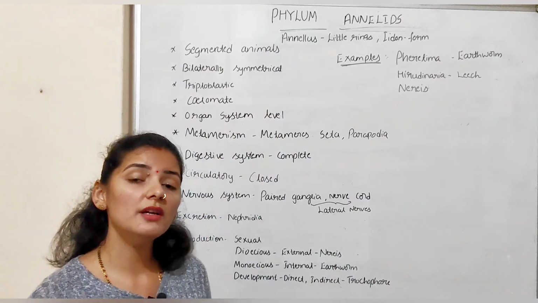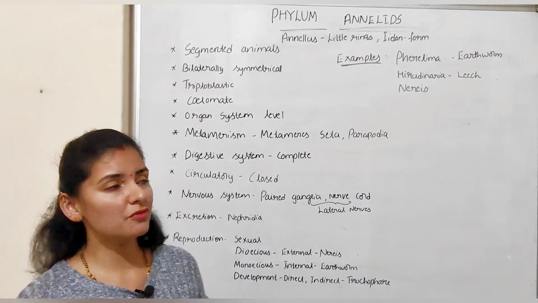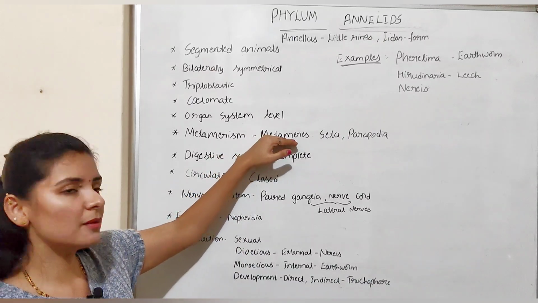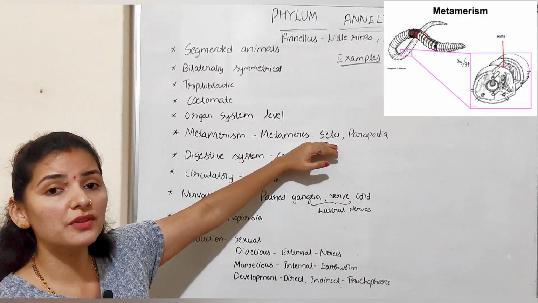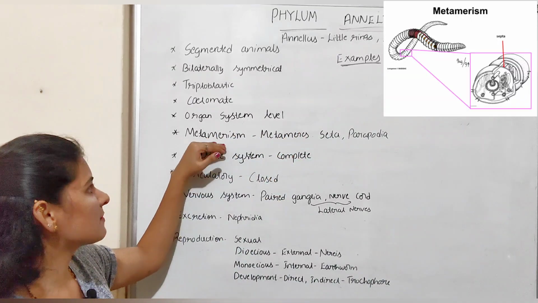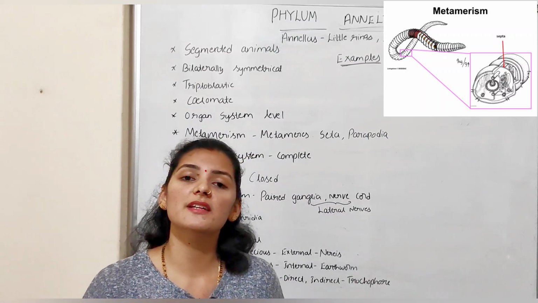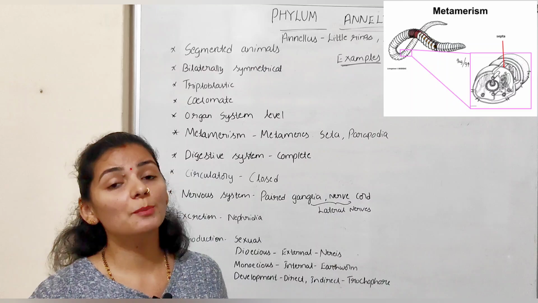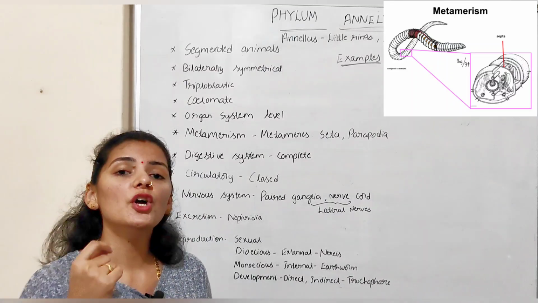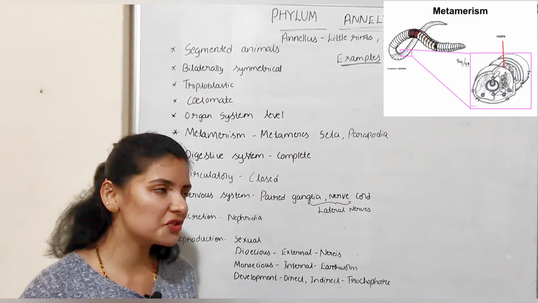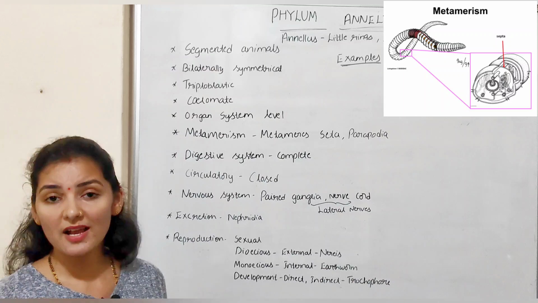As I already told, the important or unique character of Annelida is the presence of metameres or segments. Because of that, they have a character called metamerism or segmentation, because the body of this organism consists of numerous small ring-like structures called metameres or segments.